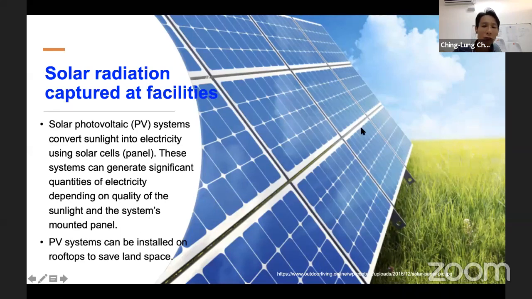As you can see, this type of solar panel is commonly used in my country, because we try to reduce the pollution and save energy. So right now we try to have more solar panels in order to use clean energy. And the PV system can be installed on a rooftop to save land space.